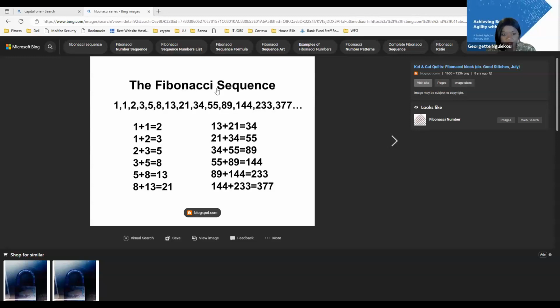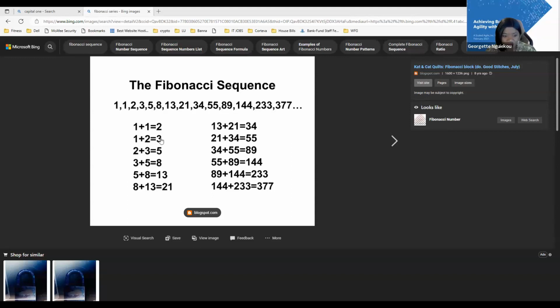So this is the Fibonacci sequence. If it's 1 story point and 1 plus 1 equals 2, the next story point is going to be 2. Then you add the previous story point with the next one. For instance, look at this: 1 plus 2 equals 3. Now, what do we do here? We take the 2 as the previous story point plus the next number.